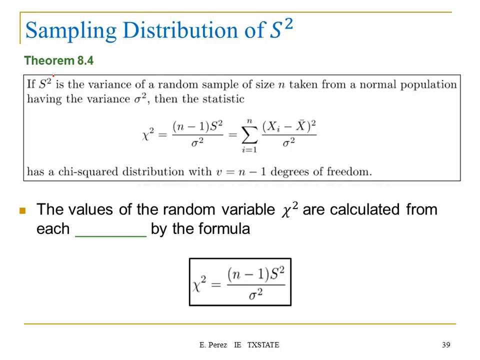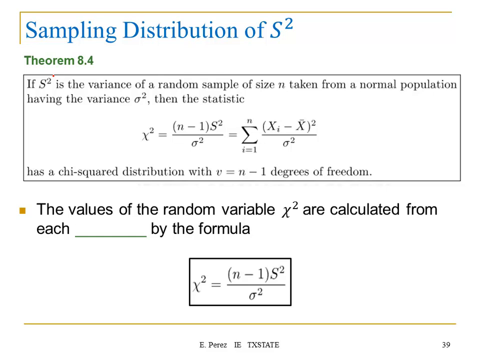So what we are saying is we can compute a statistic based on the sample variance, and we can get a distribution for that statistic.